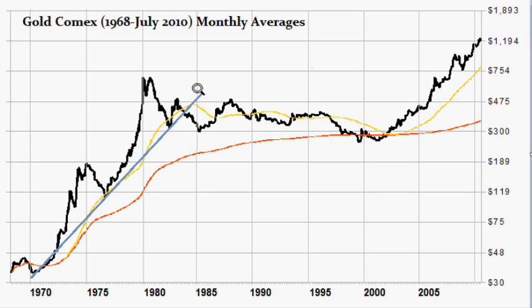The biggest increase was throughout the 1970s, going from 35 up to over 800, but it settled within a range between 300 and roughly 450 per ounce. That was a two-decade range.